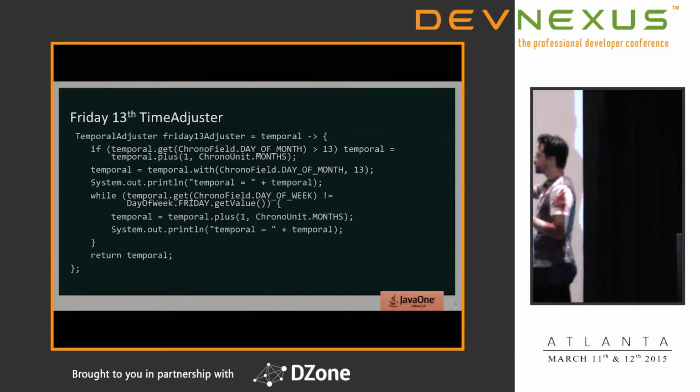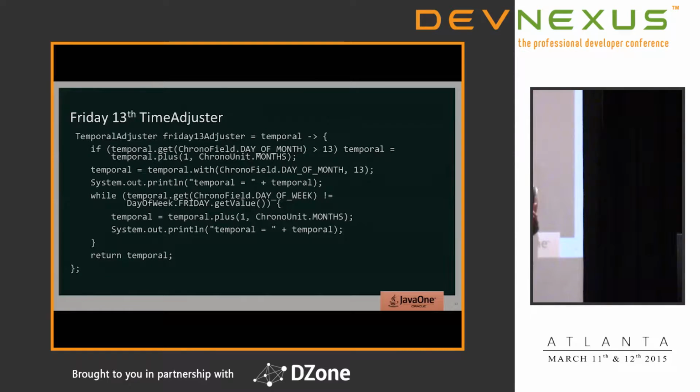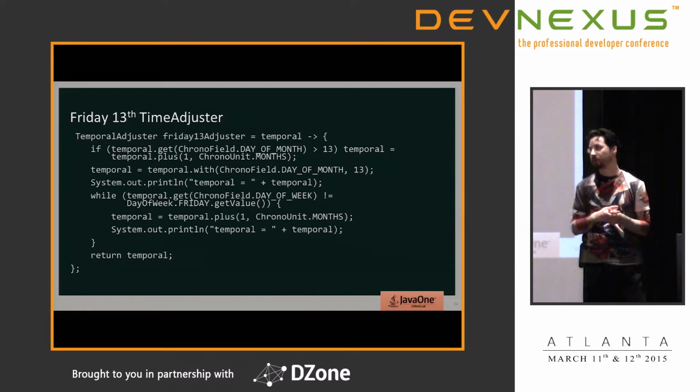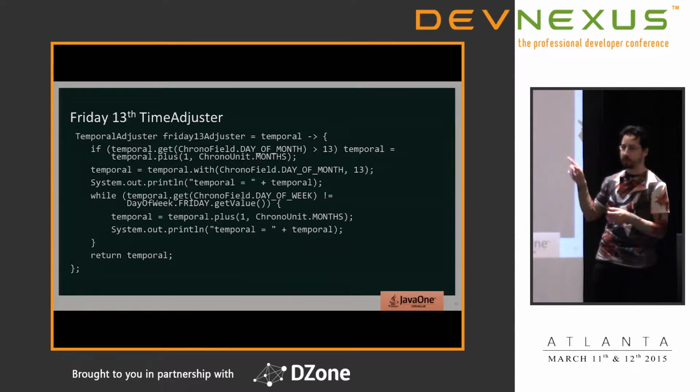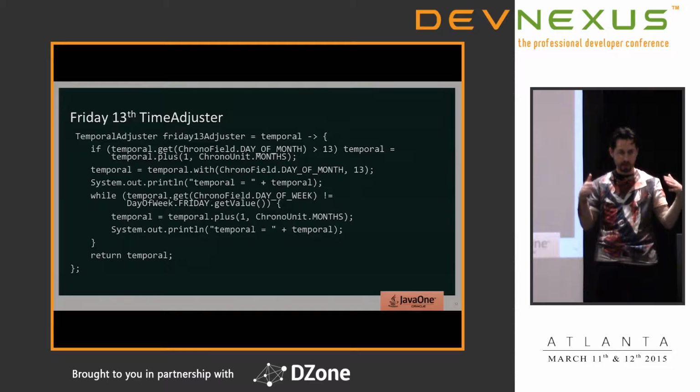So this logic will just keep incrementing the month and then check and see once we actually hit Friday the 13th. And then we have a special case where if you're in the current month, if you're before the 13th, then you want to check for Friday the 13th in the current month.